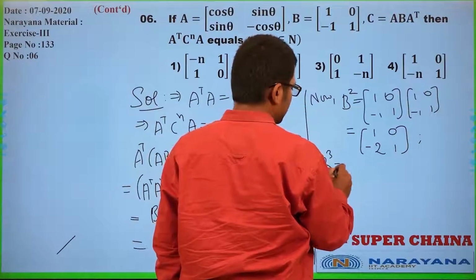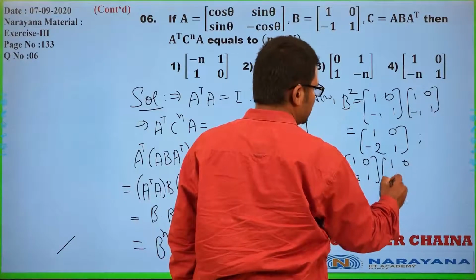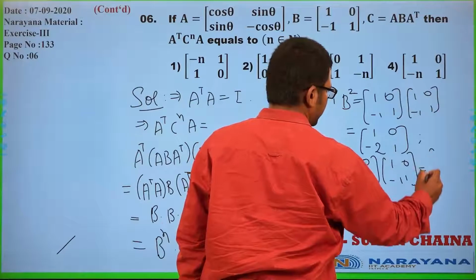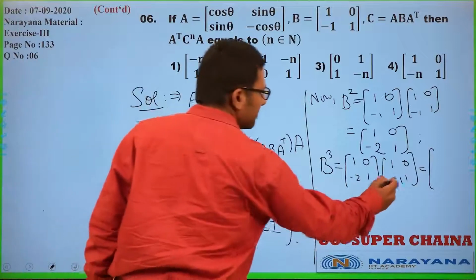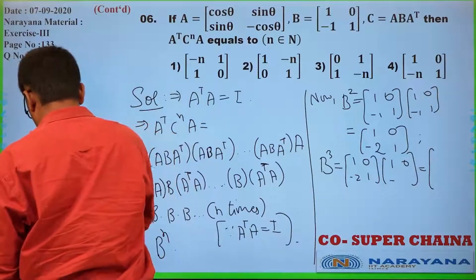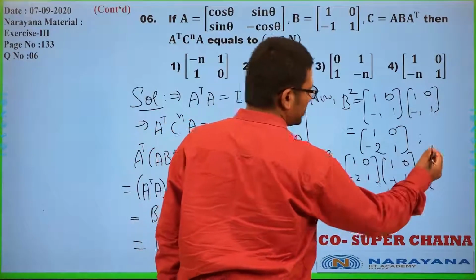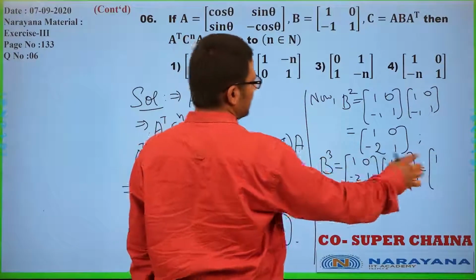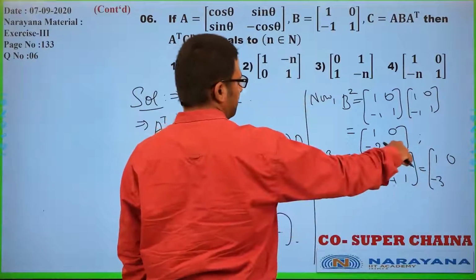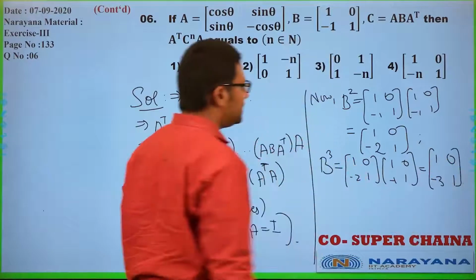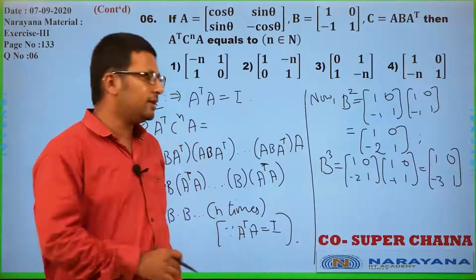B cube would be 1 0 minus 2 1 into again 1 0 minus 1 1, which gives 1, 0, minus 3, 1. Can you see the pattern now? B square has minus 2 here, B cube has minus 3 here, and so on, right?